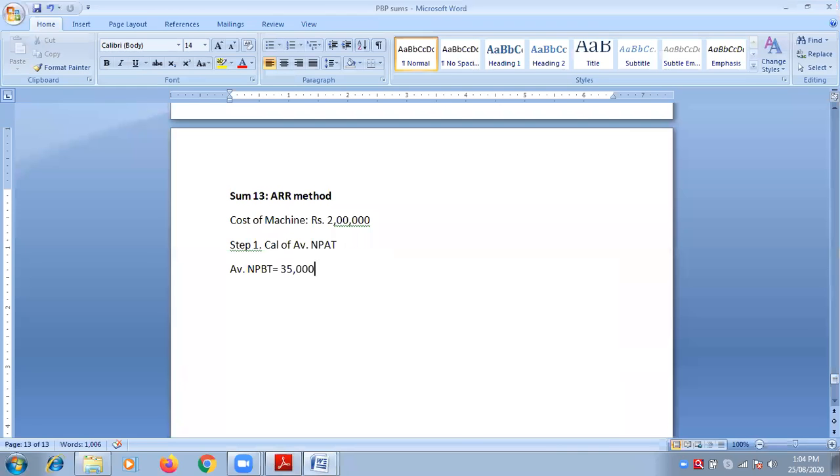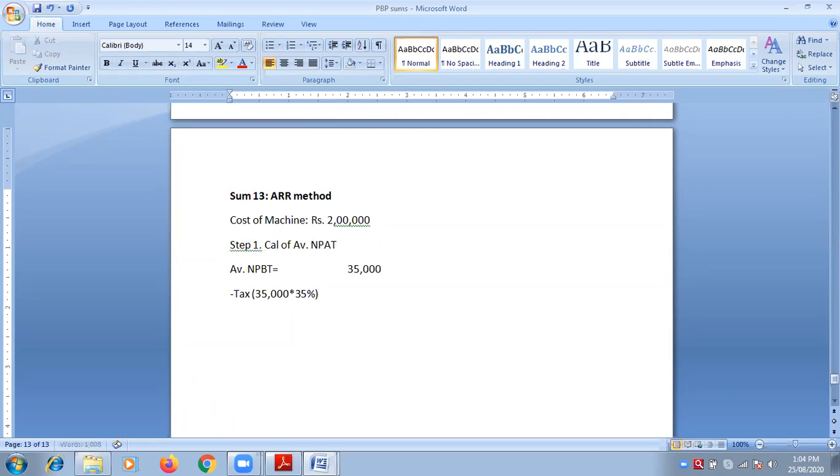Then we have to deduct tax, which is in the bracket, 35% of this.